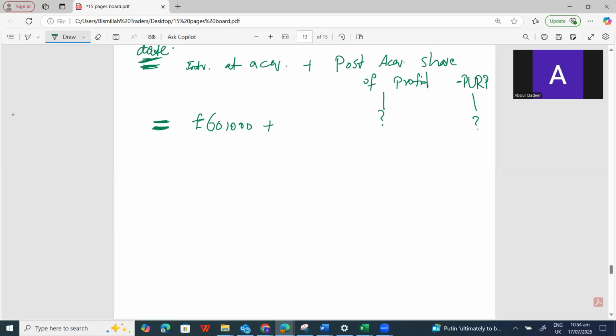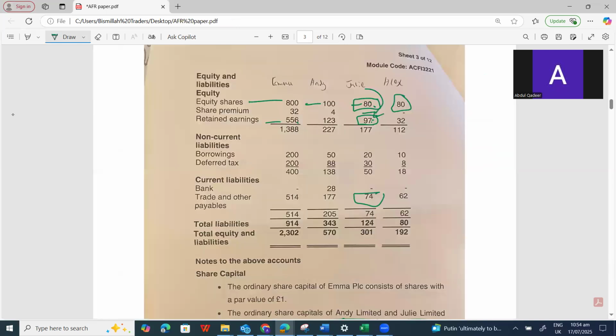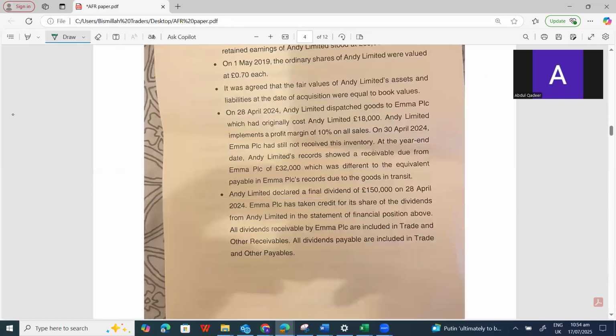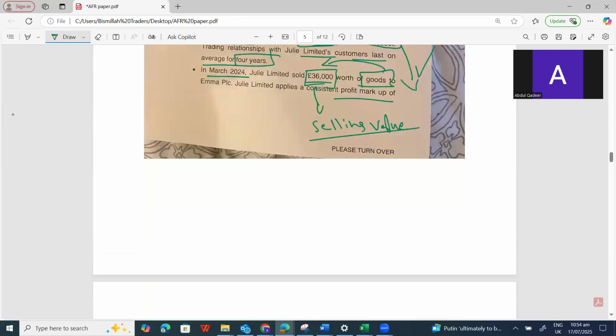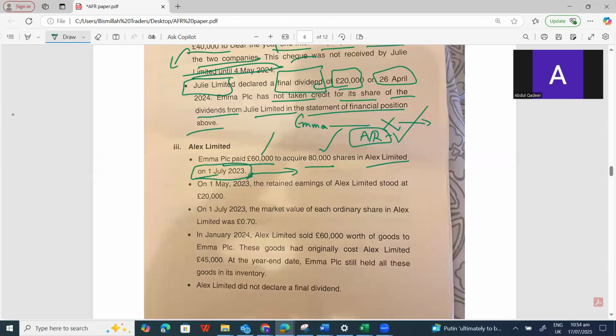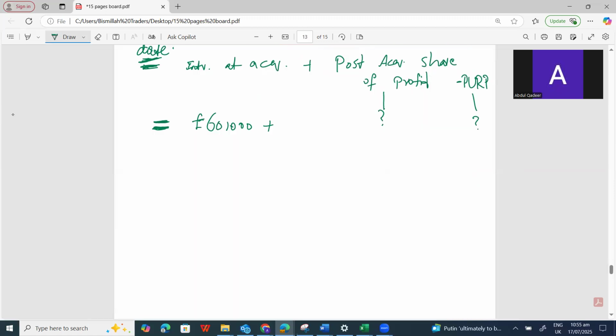There are notes in the question for Alex Limited. On 1st May 2023, the retained earnings of Alex Limited stood at £20,000. Now we are moving towards the retained earnings calculation.